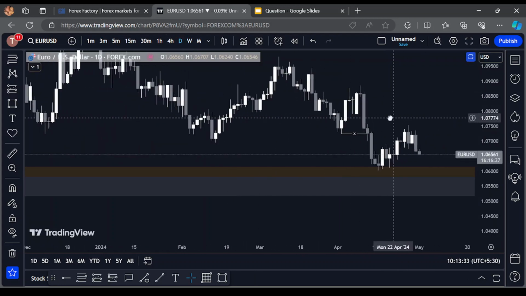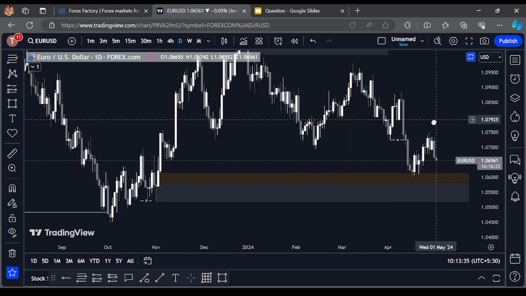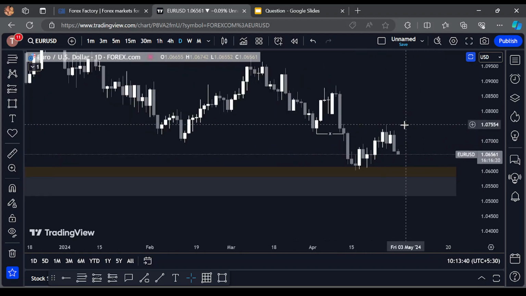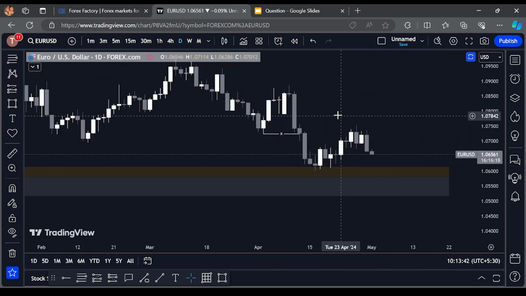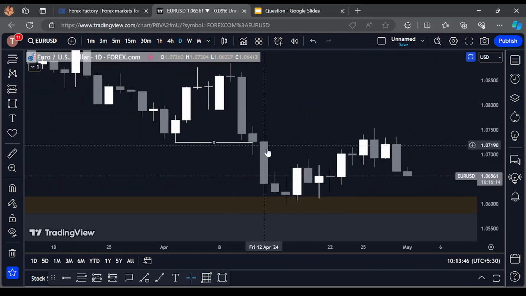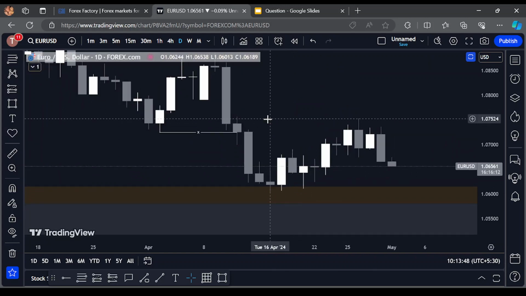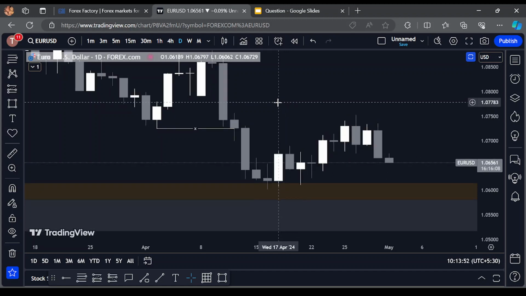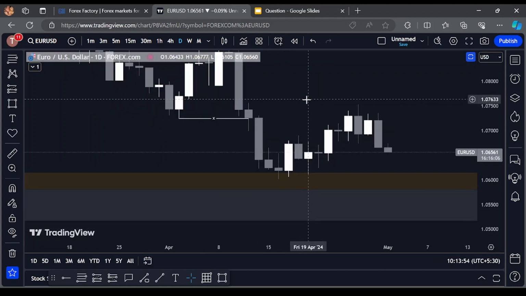This is the daily chart, and what can we see here is that the price was following an order flow, and this was the flip zone in the market, which I had already explained in my previous videos. And I was also anticipating the price to move from this zone over here, and that is how it happened.